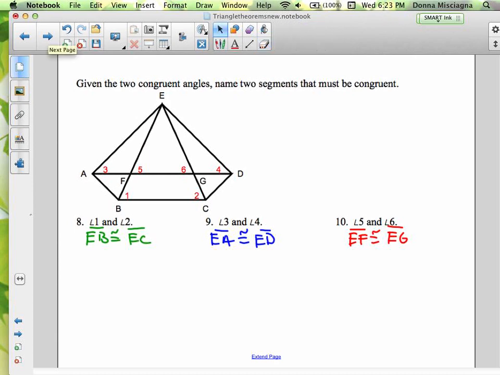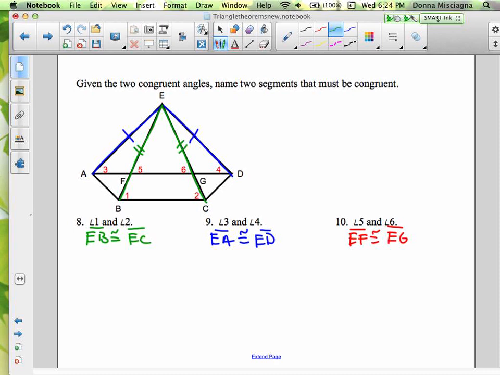Before I leave this page, I will just mark the sides in the colors, but nothing else. So here was EA and ED. In case you look back at this PowerPoint, this was EB and EC. So those were congruent.